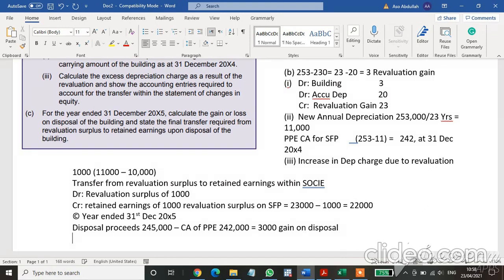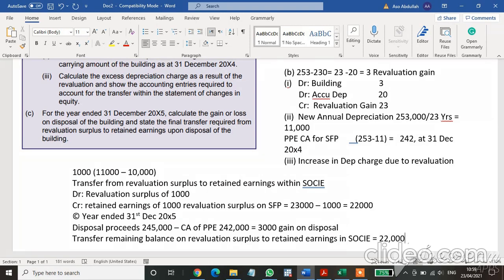Then what is left is to transfer the remaining balance on revaluation surplus to retained earnings, in the statement of changes in equity, which is equal to 22,000.